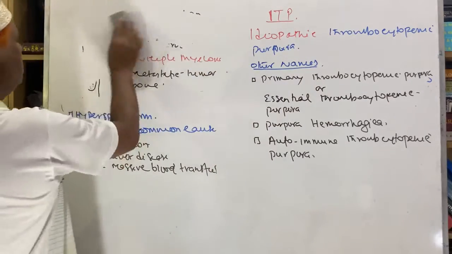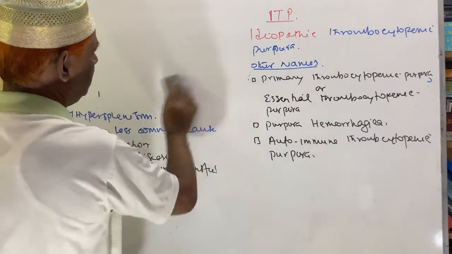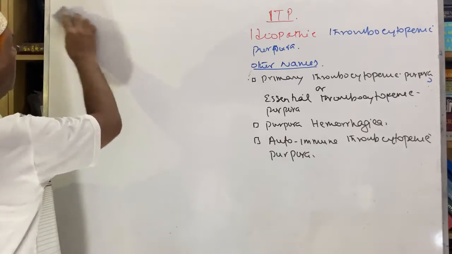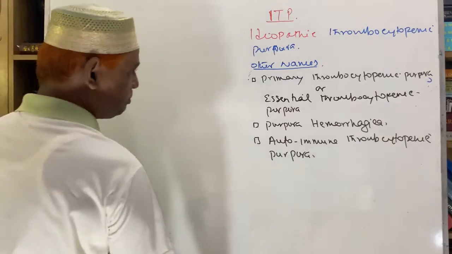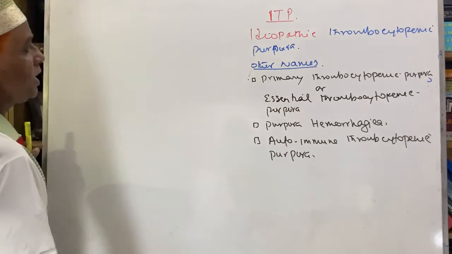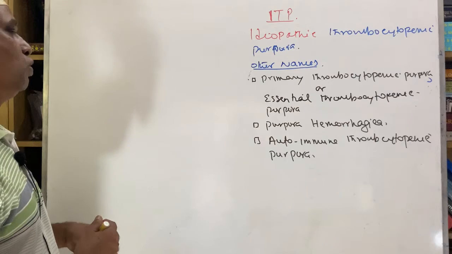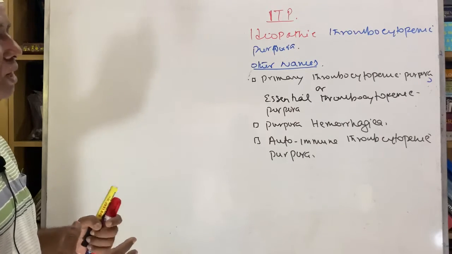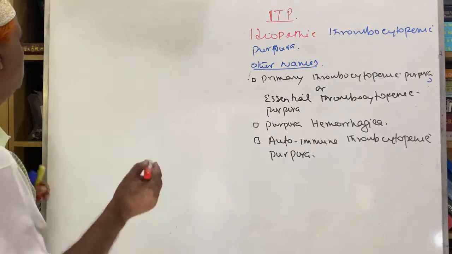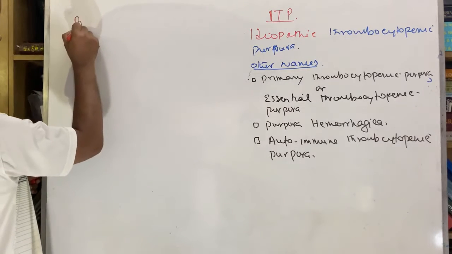Dear audience, if anybody suffers from ITP, essential thrombocytopenic purpura, primary thrombocytopenic purpura, purpura hemorrhagica, or autoimmune thrombocytopenic purpura, what may be the clinical presentations of that patient? Now come to presentations of ITP.